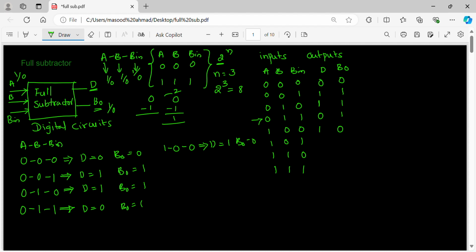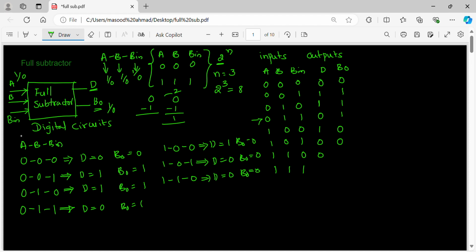Next, the case is 1 minus 0 minus 1. 1 minus 0 is 1, 1 minus 1 is 0. So difference is 0, borrow is also 0. Next, 1 minus 1 minus 0. 1 minus 1 is 0, 0 minus 0 is 0. Difference is 0, borrow out is also 0.